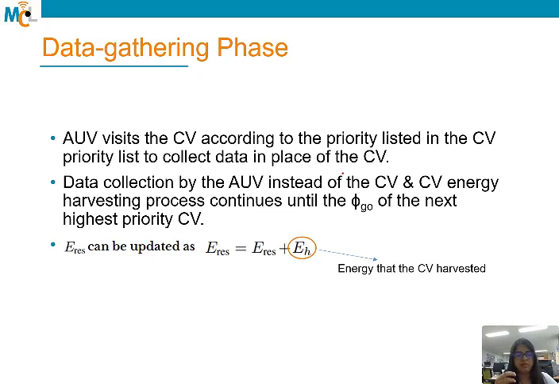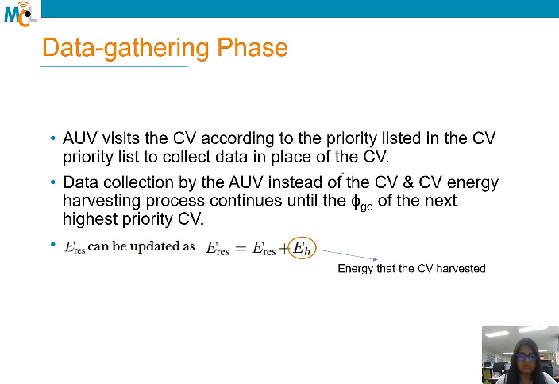So while this cut vertex is harvesting its energy, the AUV will be collecting the data from the lower level sensor nodes of the cut vertex. This way we stop the cut vertex from dying, and we are also improving the network lifetime.